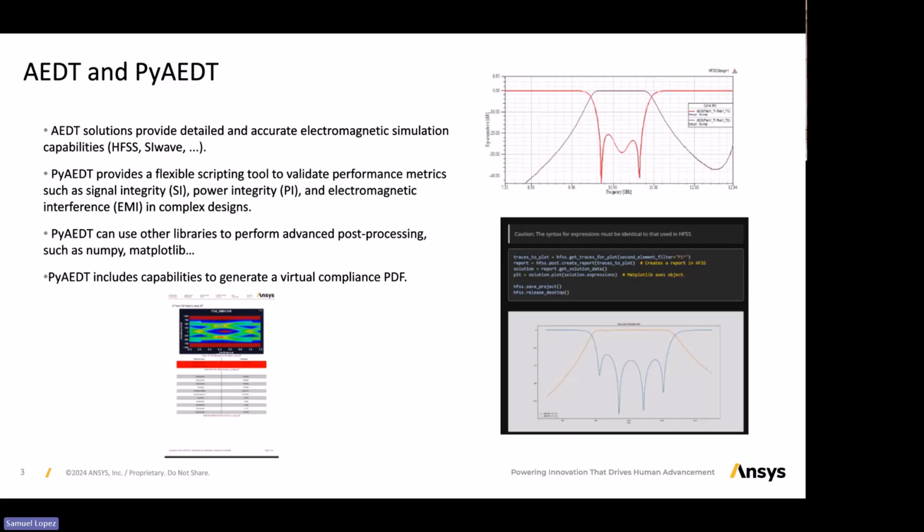Because we could use some advanced post-processing tools like NumPy, Matplotlib that will allow us to quickly detect some pass-fail criteria. Also, we could create, as I will show you later, the PDF that could be the final report where the designer could find the different checks of the standard.